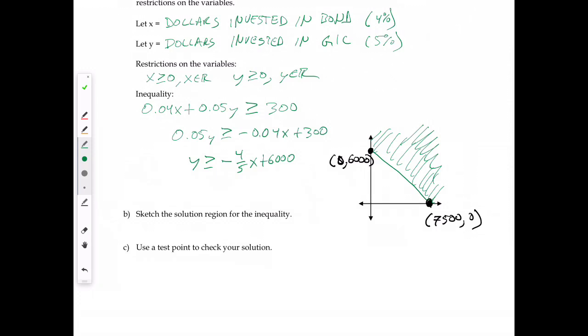If I'm going to use a test point, I'm just going to pick any point that exists up in this positive region. In this case, I'm going to try the point that's right here. I'm going to check (1,000, 6,000).